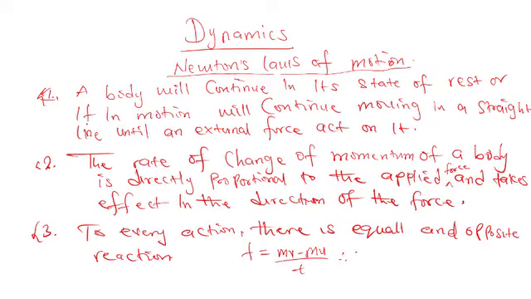So F is equal to m times (v minus u) over t, and (v minus u) over t is acceleration, the change in velocity over time. So we have F equal to ma, which is Newton's second law of motion. This helps us to prove that force is equal to mass times acceleration.